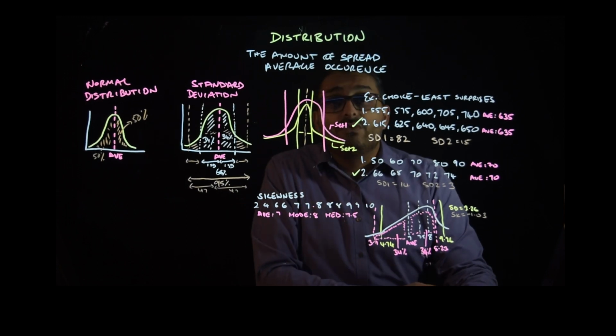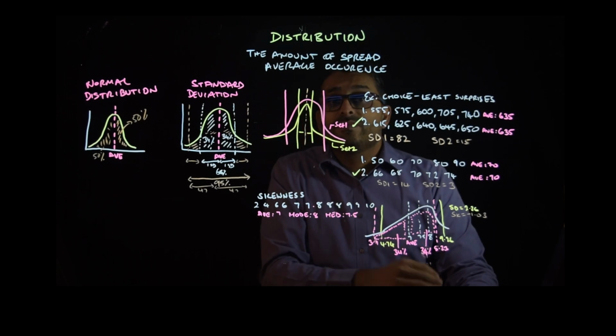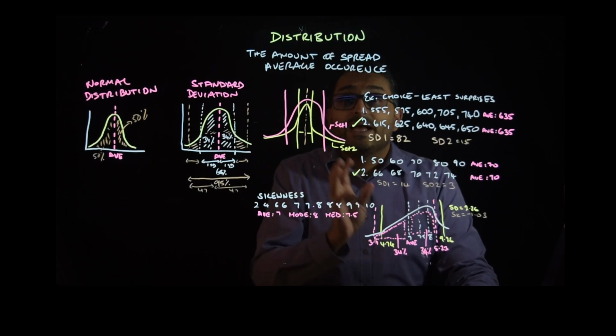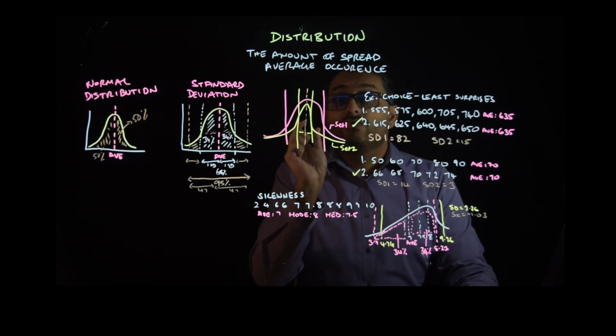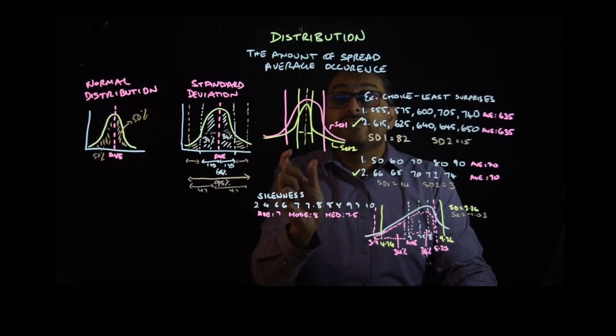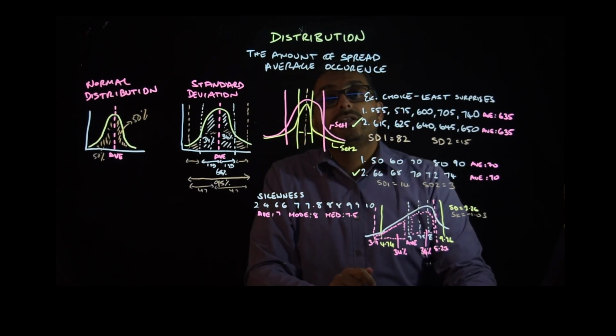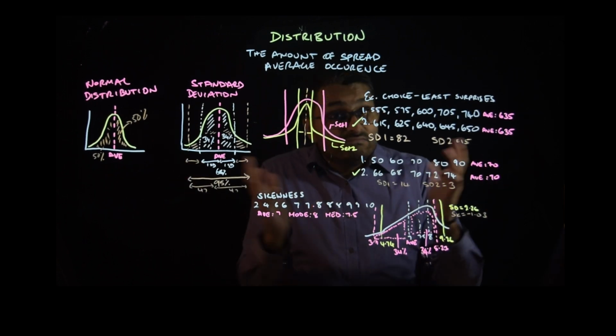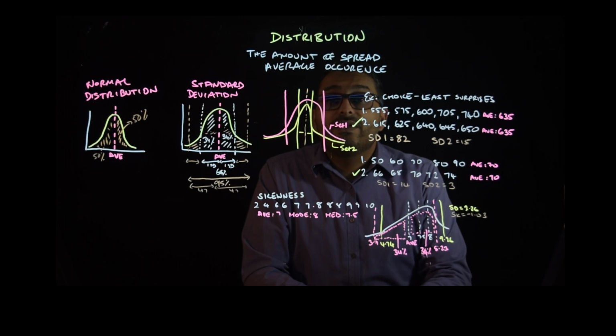The key thing to remember from this video is that the narrower the standard deviation, the better the estimate and more accurate the decision making can be, as the majority of the range of likely occurrences will be closer to the average. And that is distribution, and that is all for this video.